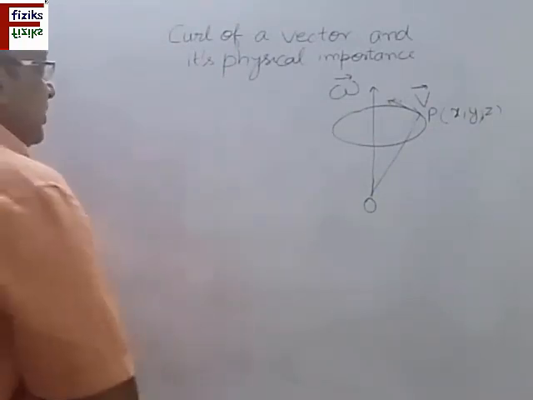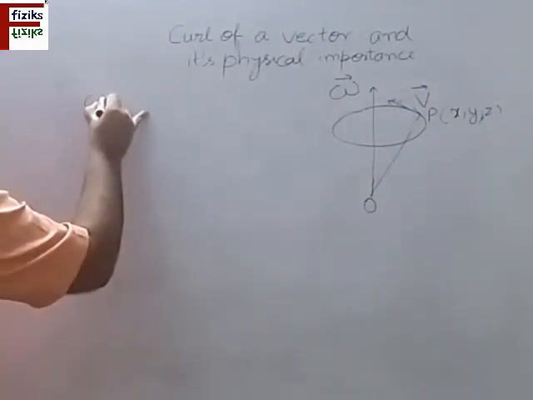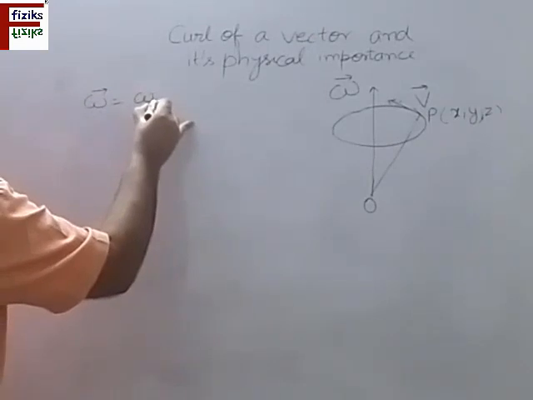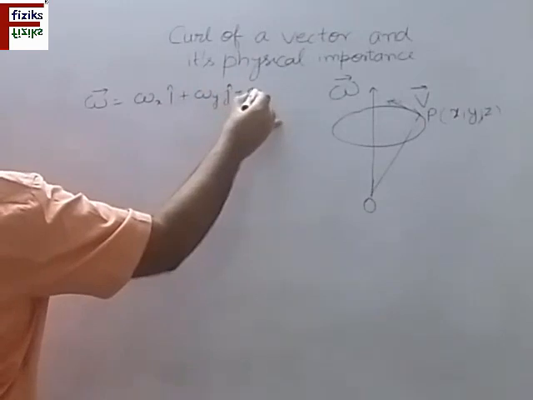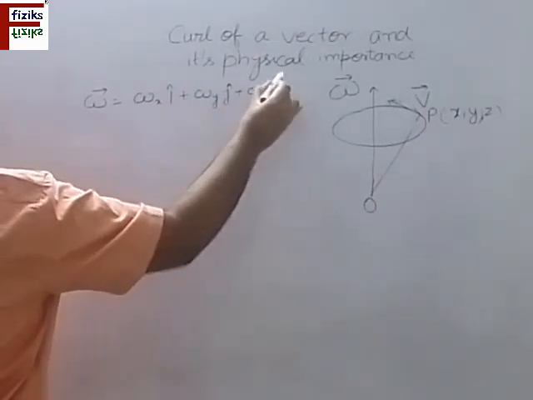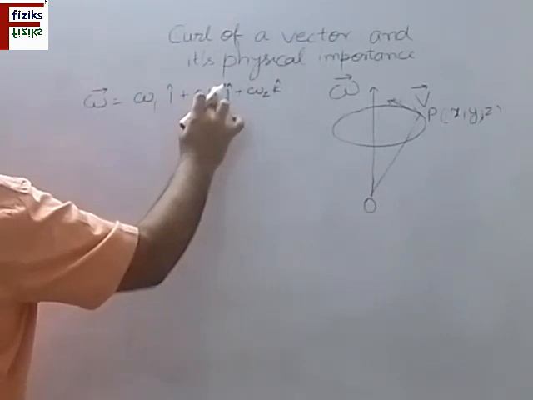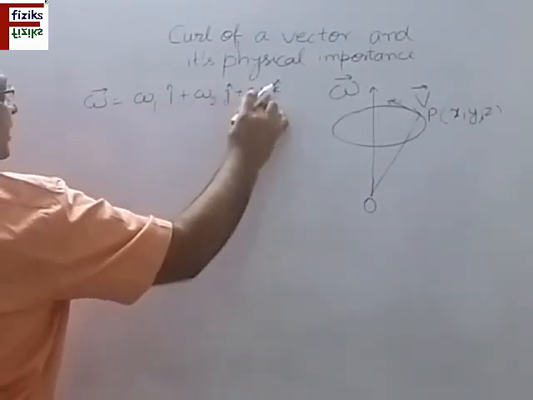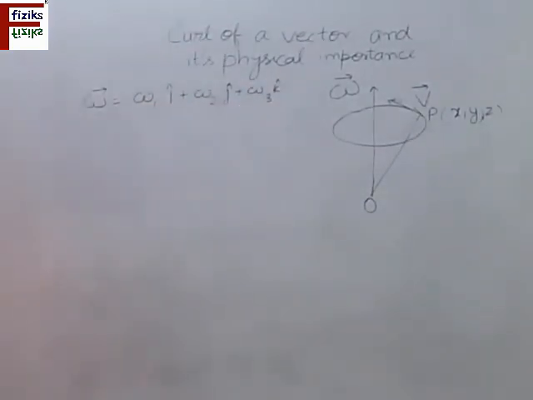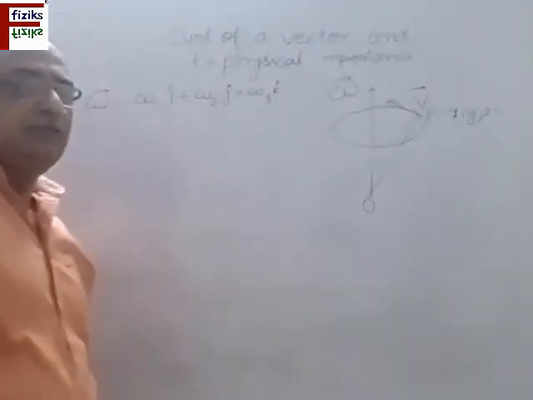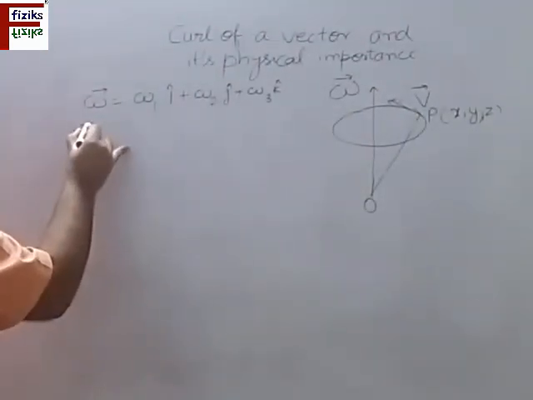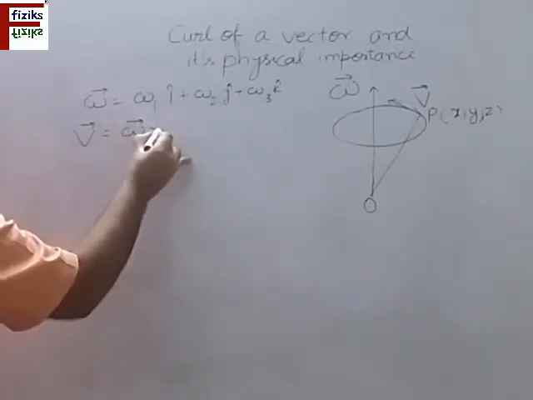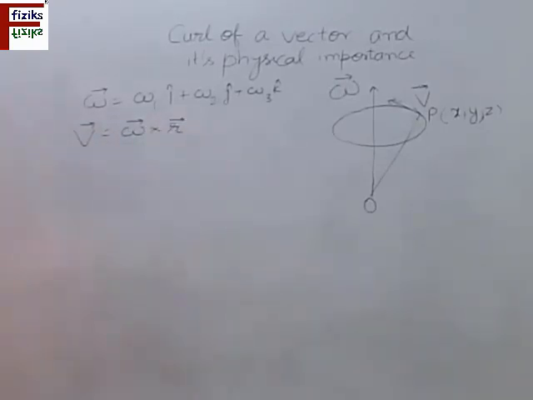So omega is the angular velocity, and suppose it has the components, as we discussed previously, omega x i plus omega y j plus omega z k. Or you can also write them as omega 1, omega 2, omega 3. That is immaterial. They are the components of omega in the three directions. And remember that v at P is tangential to this path. So the velocity can be written as v equal to omega cross r.